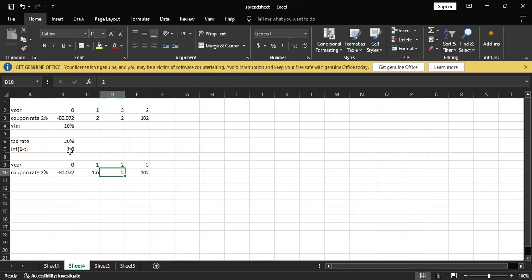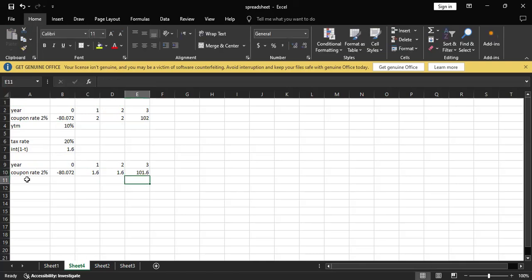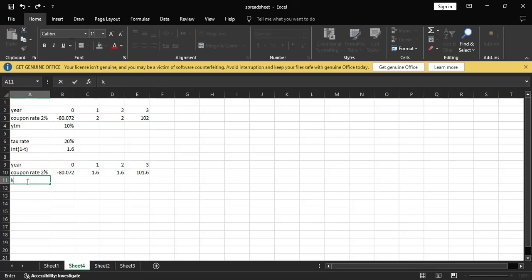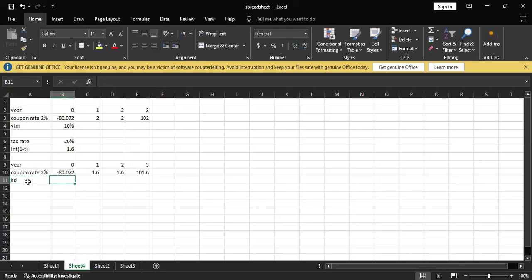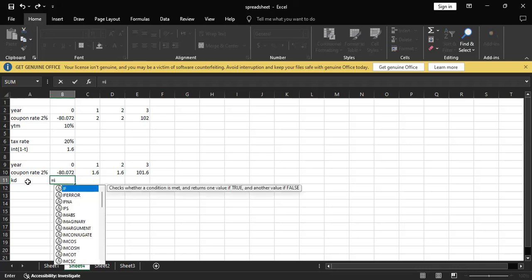This will be 1.6. And in the last, it will be 1.6 plus 100. Now, when you will compute the KD, so what will be the formula? Again, apply the IRR.